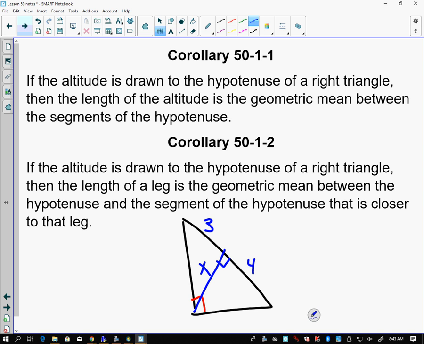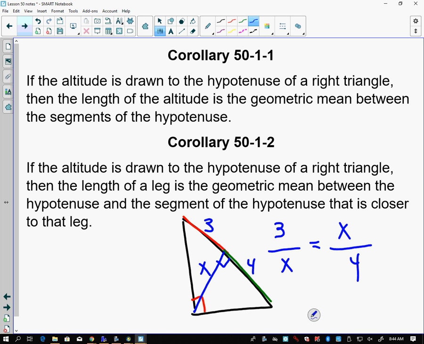From here to here is 3. From here to here is a distance of 4. So if I didn't know what the altitude was, the proportion that I would write for this is 3 over x equals x over 4.